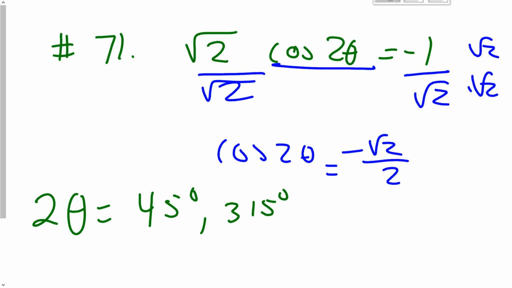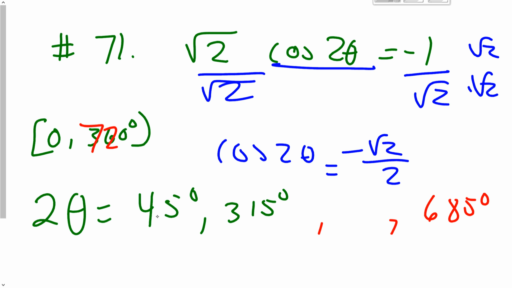And so that's a double angle, right? So we're going to have to go around twice. Instead of from 0 to 360, we're going to go from 0 to 720, because it's double our angle. So we need to add 360 to these.